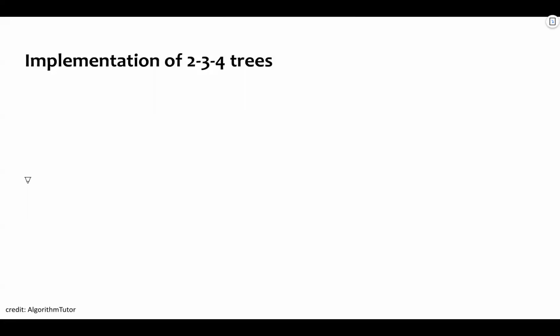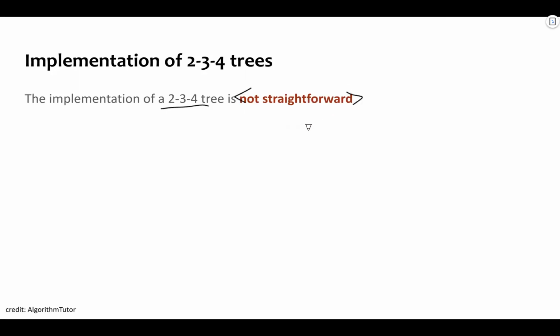Okay, and now we talked about the properties and the operations of 2, 3, 4 trees, and we need to implement 2, 3, 4 trees. However, the problem is the implementation of a 2, 3, 4 tree is not very straightforward.